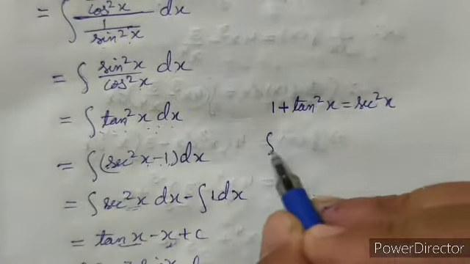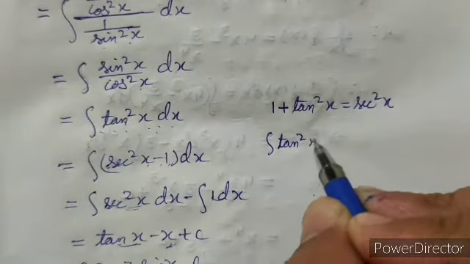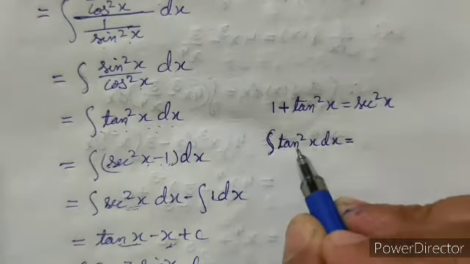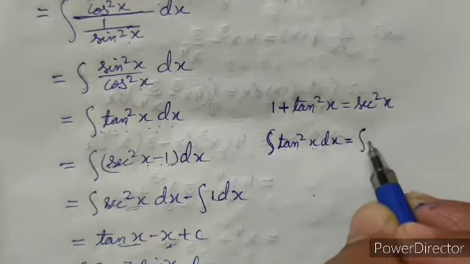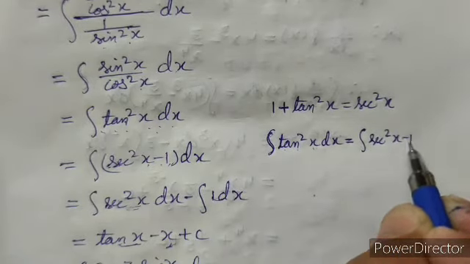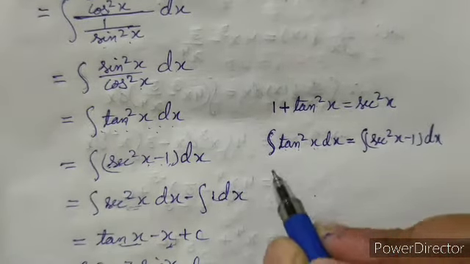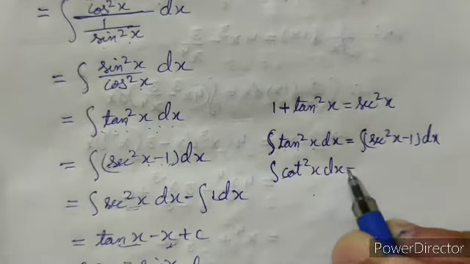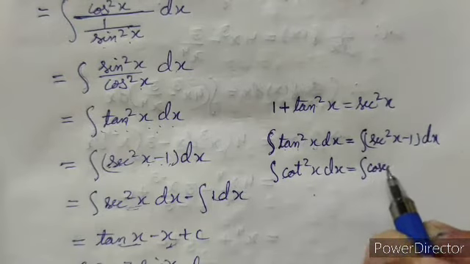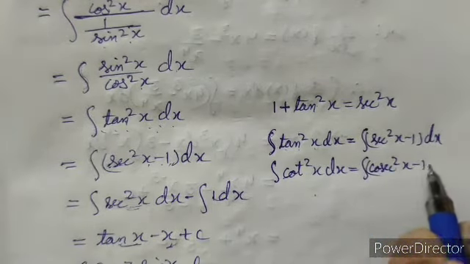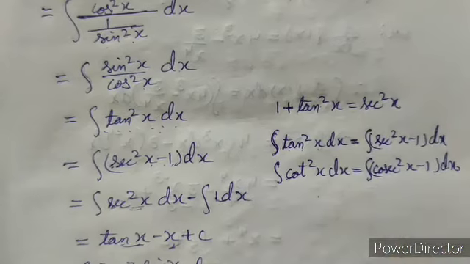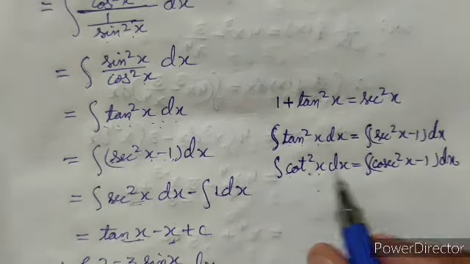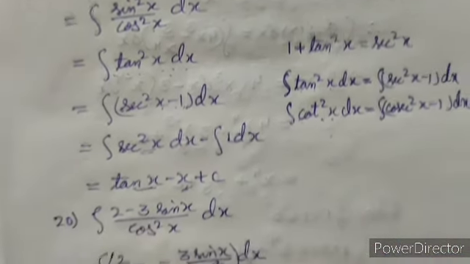Now integral of tan square x dx is, now if we want to find the integral of tan square x, then we will convert it into sec square x minus 1, and if we want to find out the integral of cot square x, then we will convert it into cosec square x minus 1 dx by using the identity 1 plus cot square x equal to cosec square x.